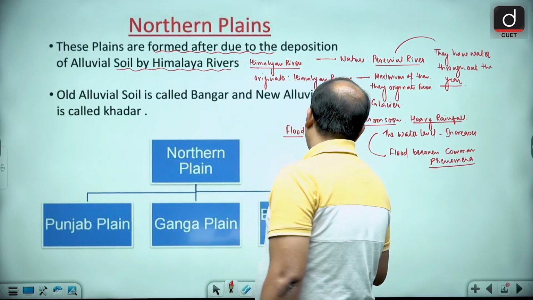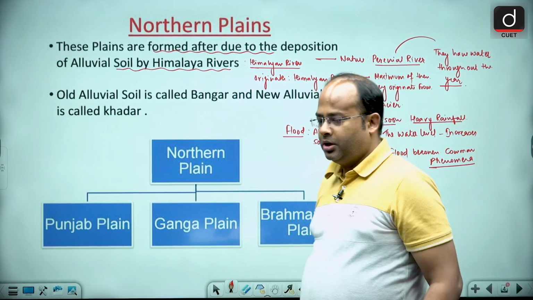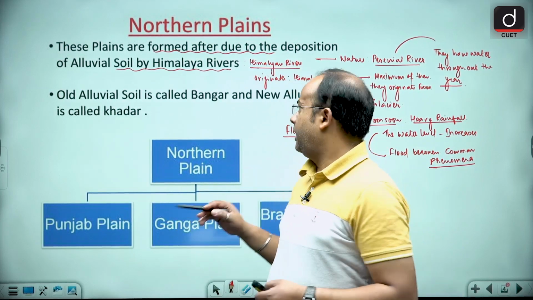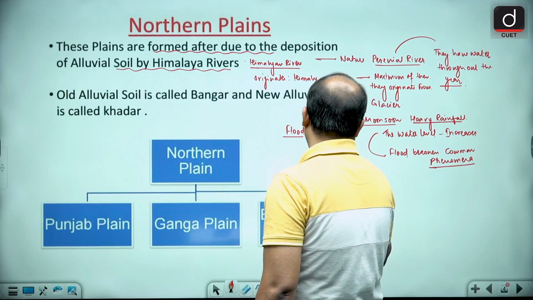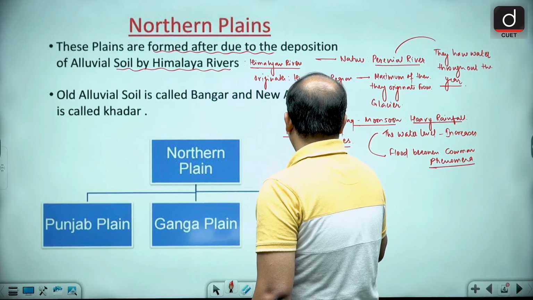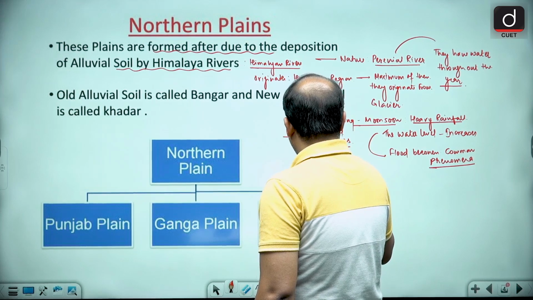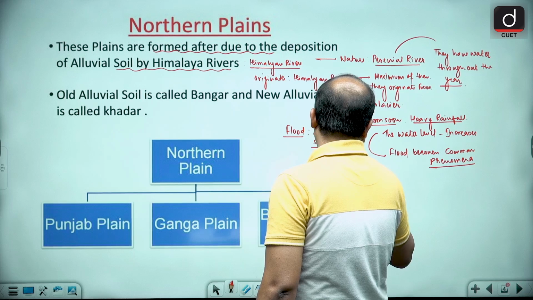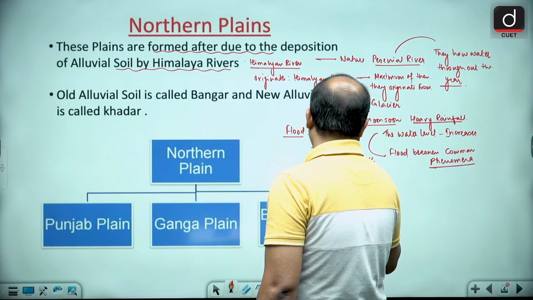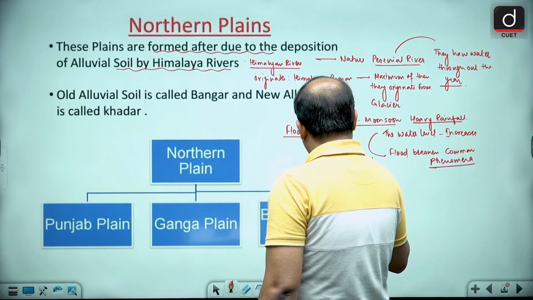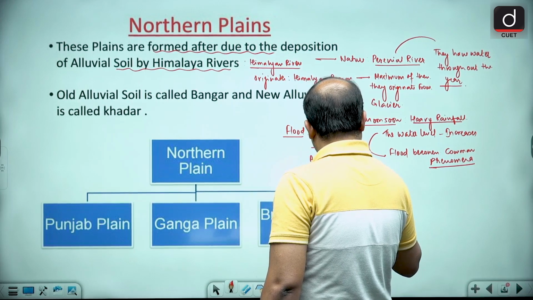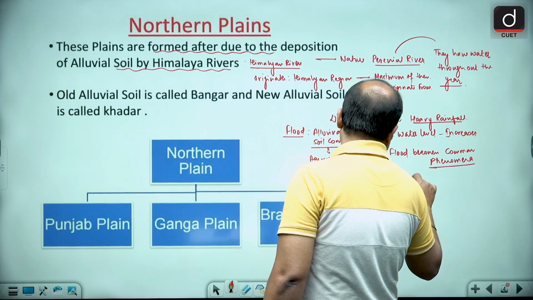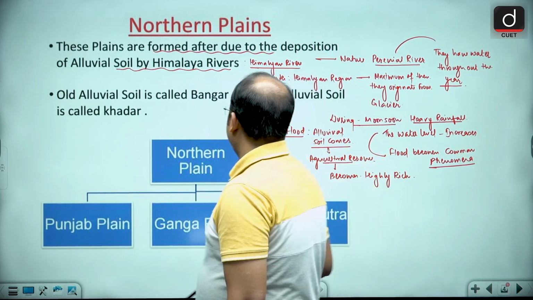Now guys, the flood through which alluvial soil comes, and due to this the agriculture is highly rich. So the agricultural resource becomes highly rich.